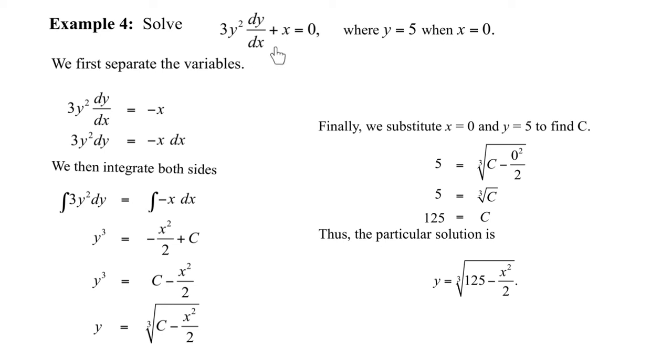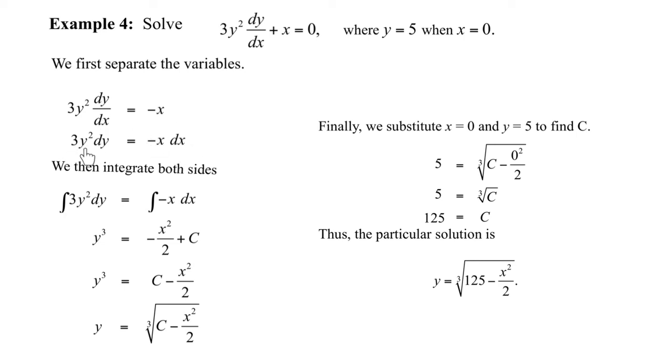In this question, we need to solve this differential equation. A condition is given: when x equals 0, y is 5. So first we need to separate this, like all the f of y dy on one side and f of x dx on the other side. So first we will subtract x from both sides, then multiply both sides by dx.